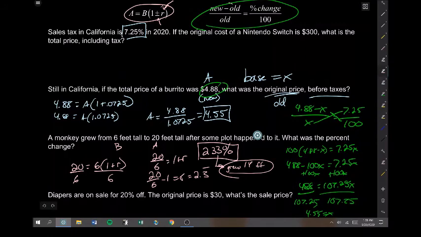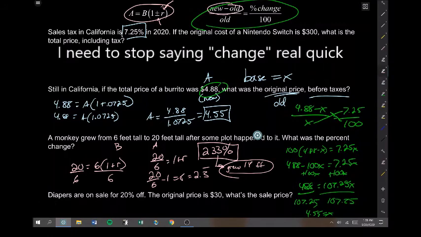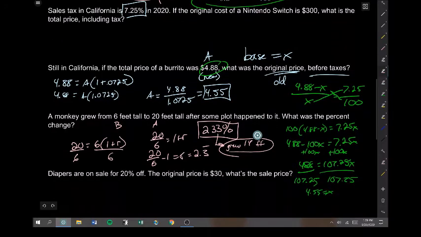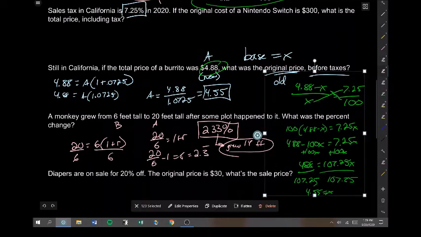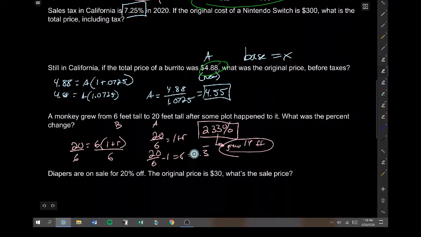That's what new minus old is finding you. It's finding you the change, and then you find the percentage of that change. Well, the change here was 14 feet, and 14 feet is 233% of the initial 6 feet. If we set this up by the proportion, over on the right, it would look like this.